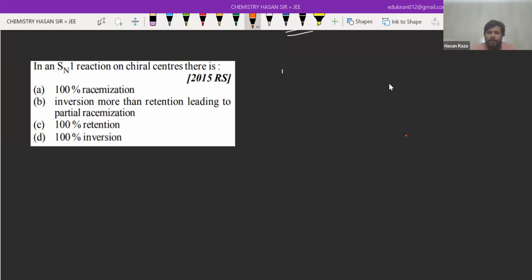B. Why B? Arif, can you explain your answer? Yes, sir. In an SN1 reaction, there is formation of the carbocation in the first step, R1, R2, R3, let's say.